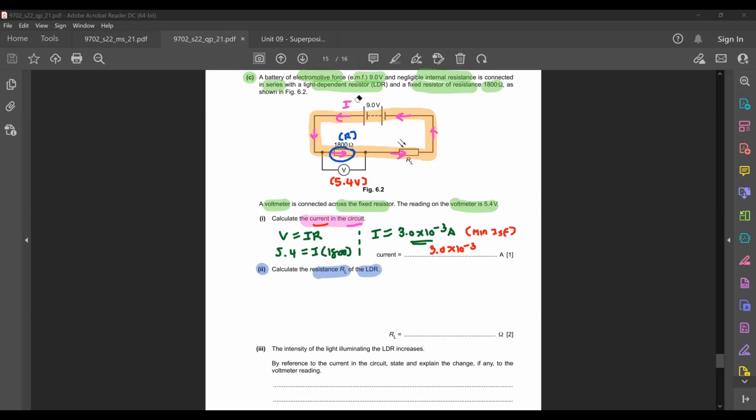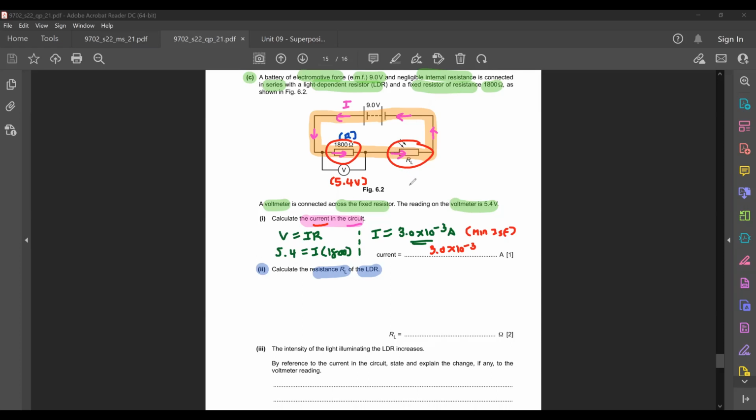Now, recall that I told you that this is a series circuit and that the current flow throughout the circuit is actually just confined within the orange colored loop. There's no branching of your circuit. It doesn't split up anywhere. Now, I just want you to look at these 2 resistors here, the fixed resistor and the LDR.